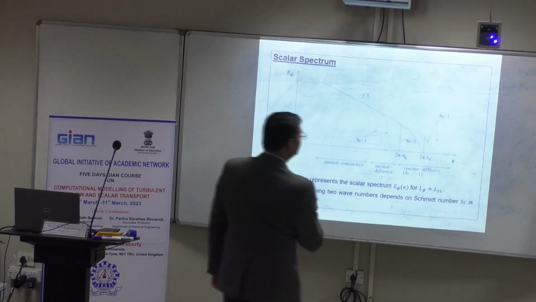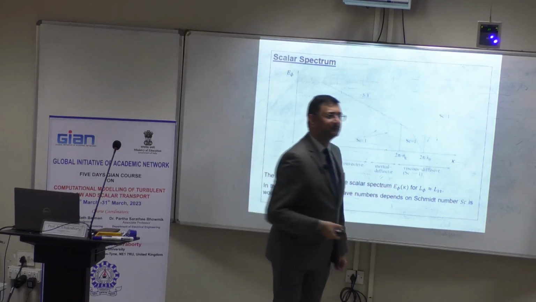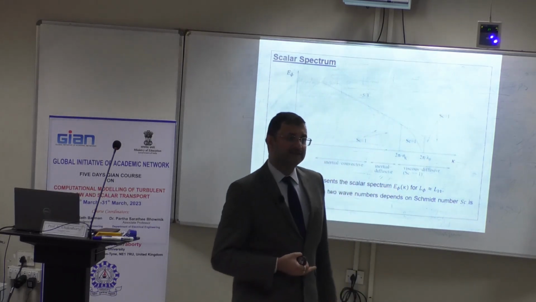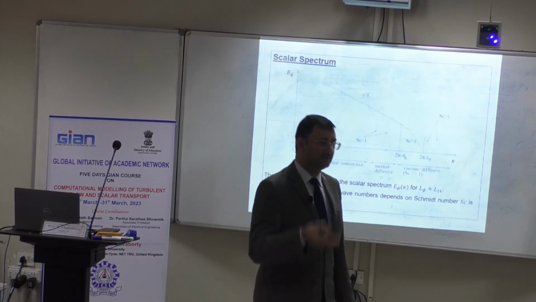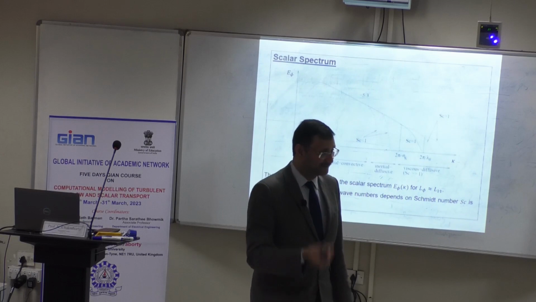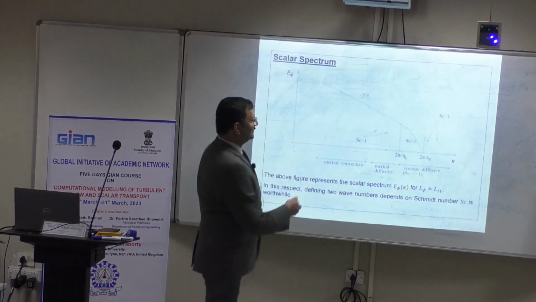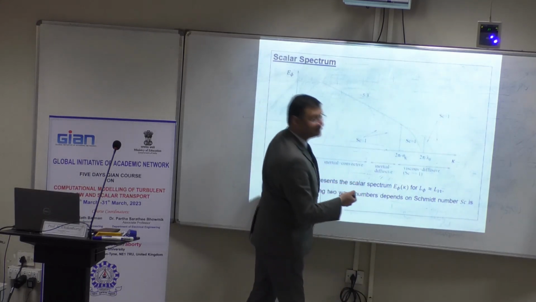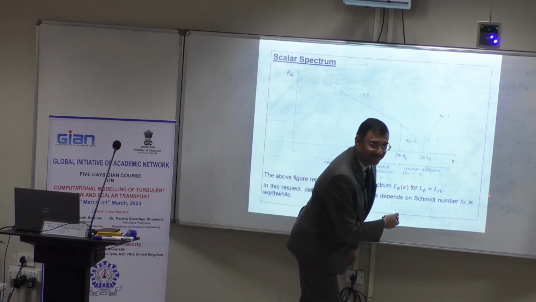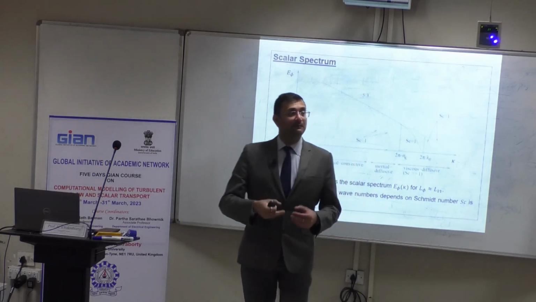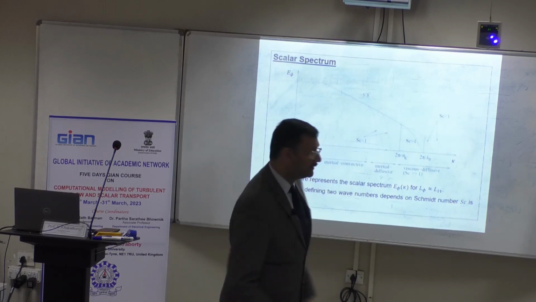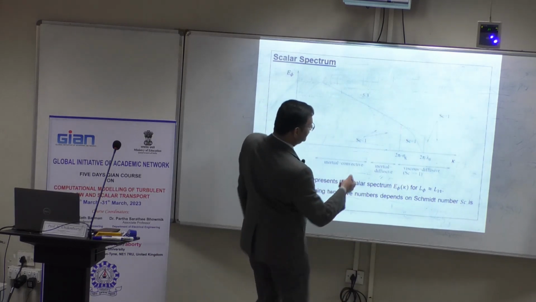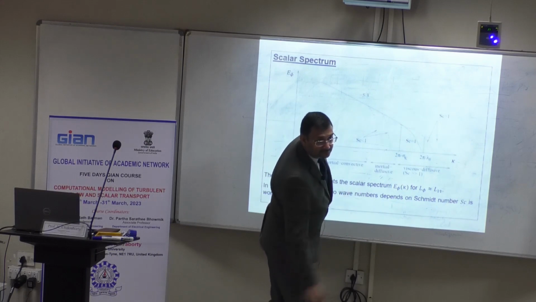Now, if Schmidt number is much greater than 1, as Schmidt number increases, what happens to the diffusive action? It becomes stronger or weaker? Weaker, right? So effectively, the rolling off takes place at much higher wave number, in other words, much smaller length scale. But for kinetic energy, it has already happened here.